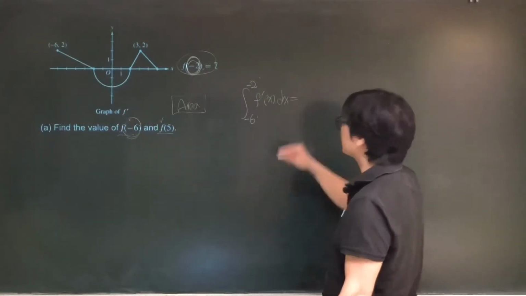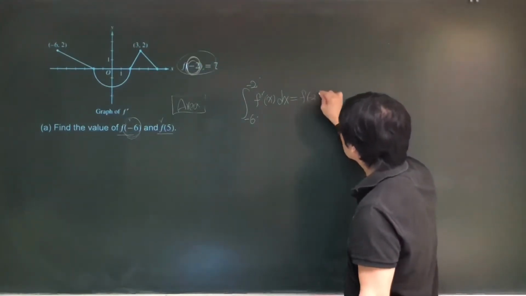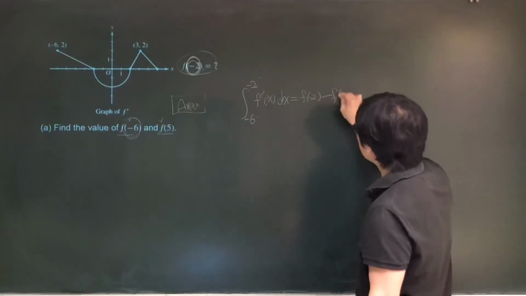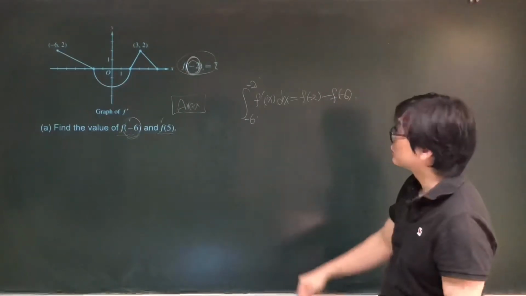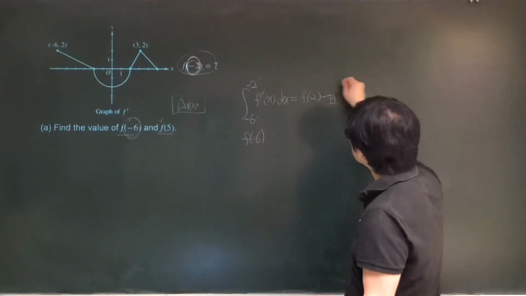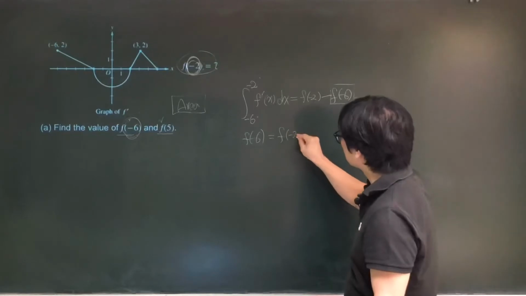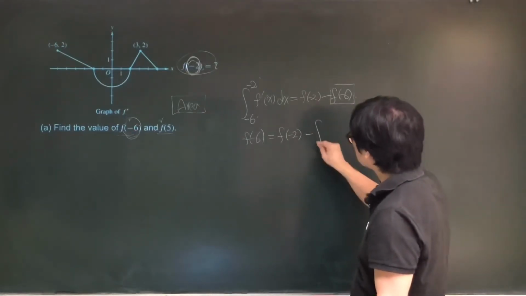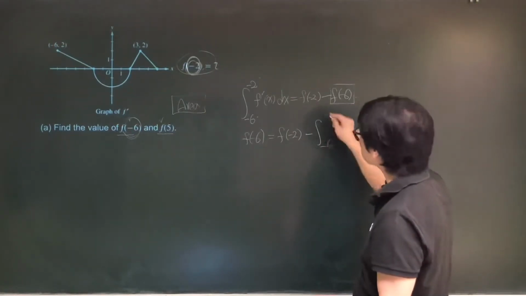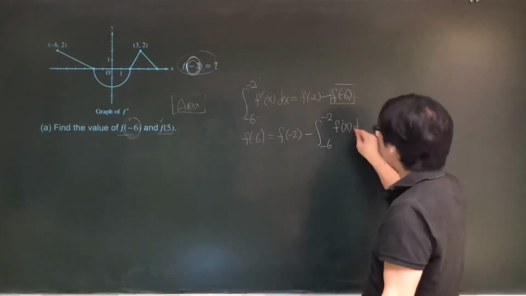Using the fundamental theorem of calculus part 1, that should be f of -2 minus f of -6. So to find f of -6, you need to isolate it from this equation. That will be f of -2 minus the integral from -6 to -2 of f prime x dx.